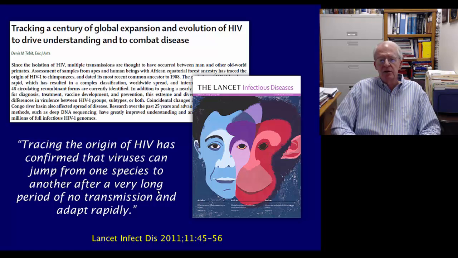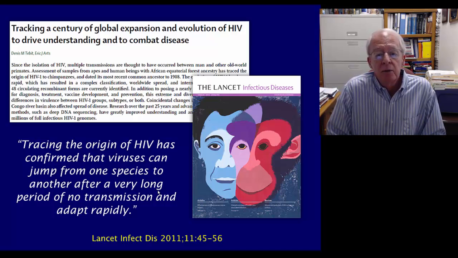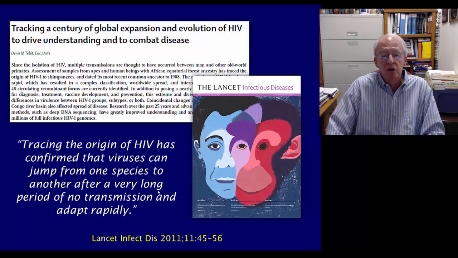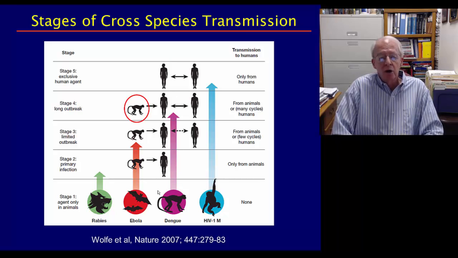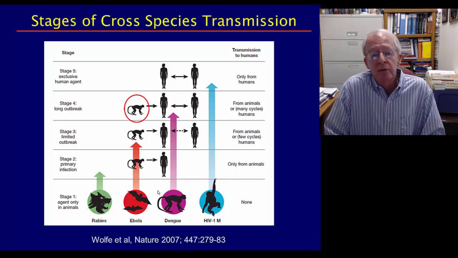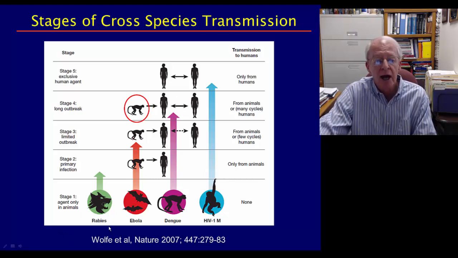So it's important to remember that HIV infection was initially a zoonosis, but the virus obviously has adapted very well to humans and spread from person to person around the world. Here's a schematic diagram developed by Nathan Wolfe and his colleagues and published in Nature in 2007, depicting 5 stages of cross-species transmission, and we'll go briefly through part of this slide.